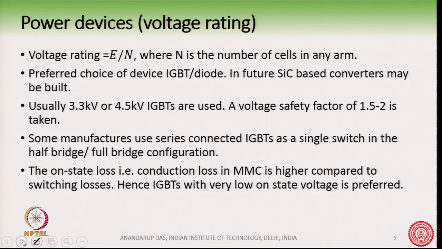So, usually 3.3 kV or 4.5 kV IGBTs are used, and it is good design to keep a voltage safety factor of something like 1.5 to 2. Now, some manufacturers use a single IGBT in the half bridge cell, and some use series connected IGBTs as a single switch in the half bridge cell.